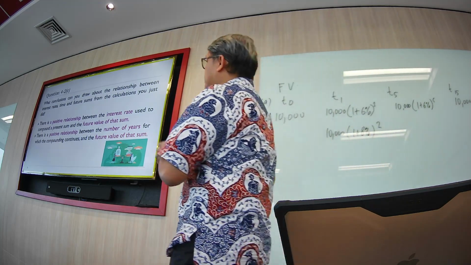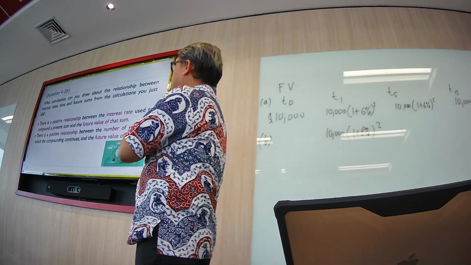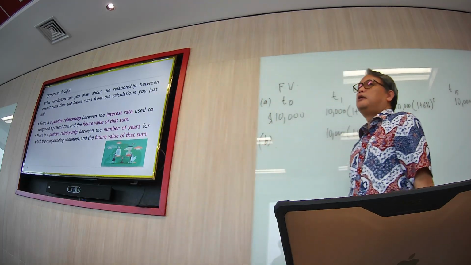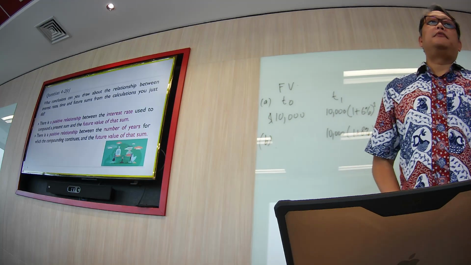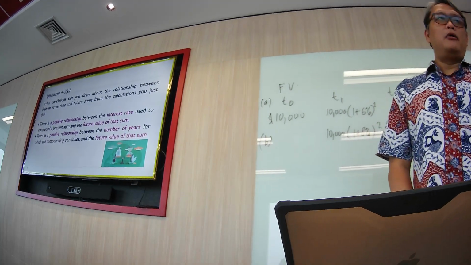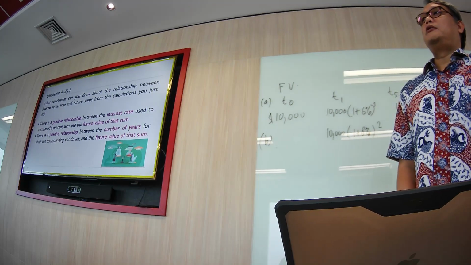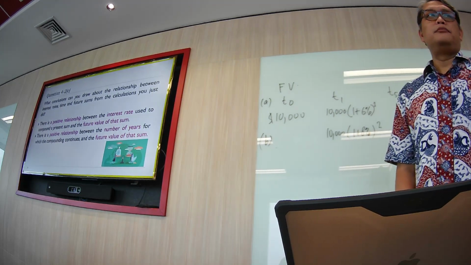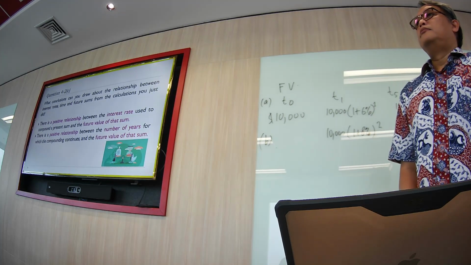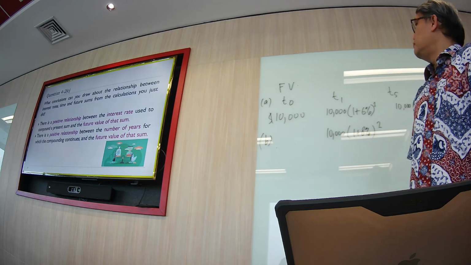Positive relationship between interest rate and compound present sum. Then the second one, positive relationship between number of years and the future value. So the larger interest rate and the longer you compound your money, you will get larger amount. So there is a positive relationship, right?